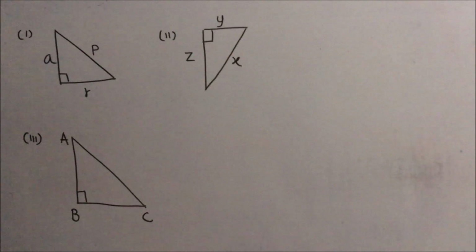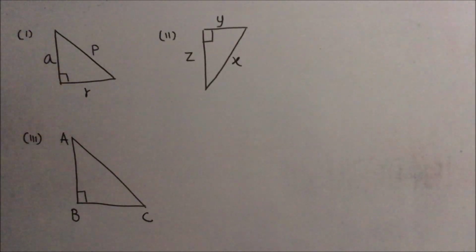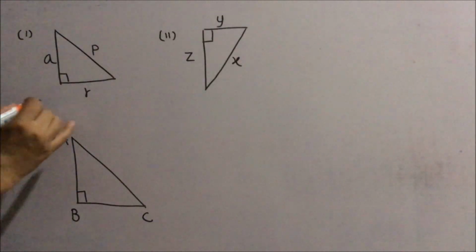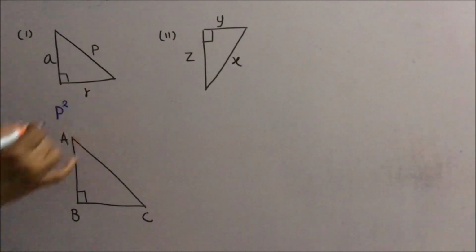Now we are going to write the Pythagoras relation for these 3 triangles. In the first one, the side opposite to the right angle is P. Therefore, P square.